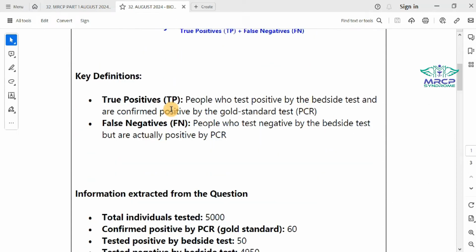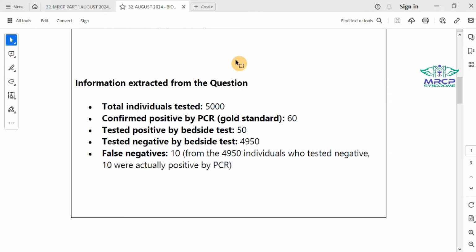True positive means people who test positive by the bedside test and are confirmed positive by the gold standard PCR. And false negative means the people who test negative by the bedside test but are actually positive by the PCR. From the scenario, this information is extracted.